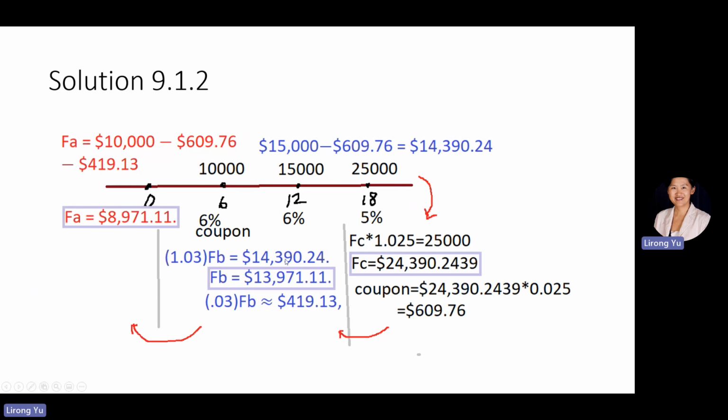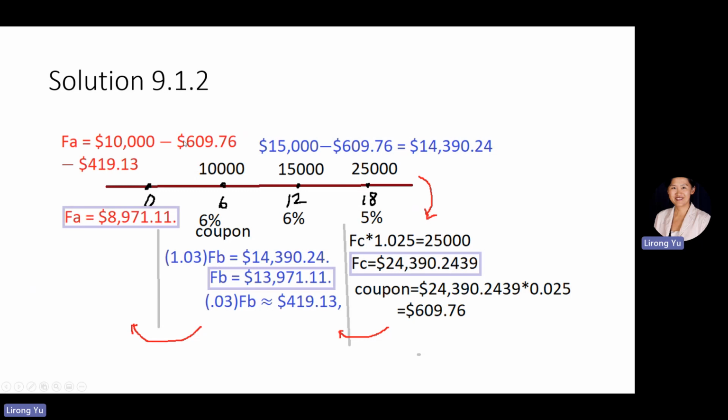That also causes a coupon at time 6. So the time 6 coupon would be the 10,000 minus the coupon we already have from the third bond, and then we also have a coupon from the second bond.